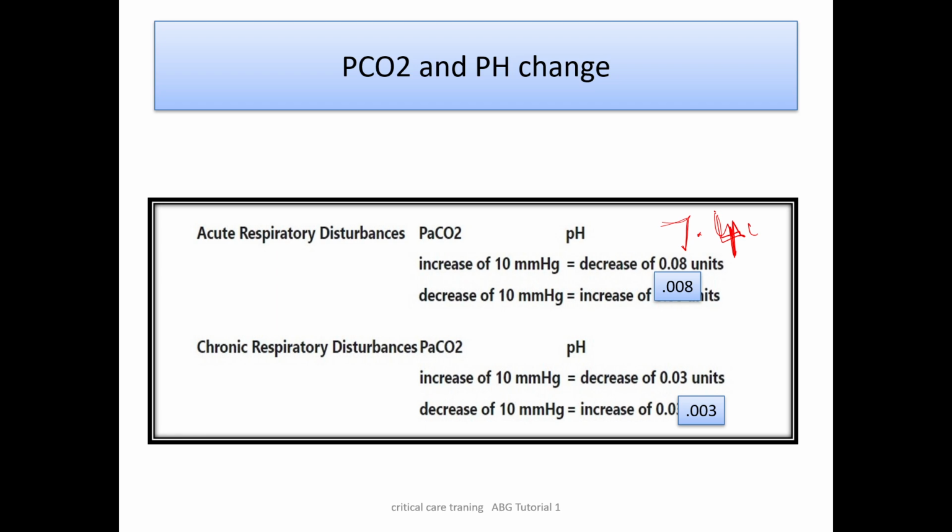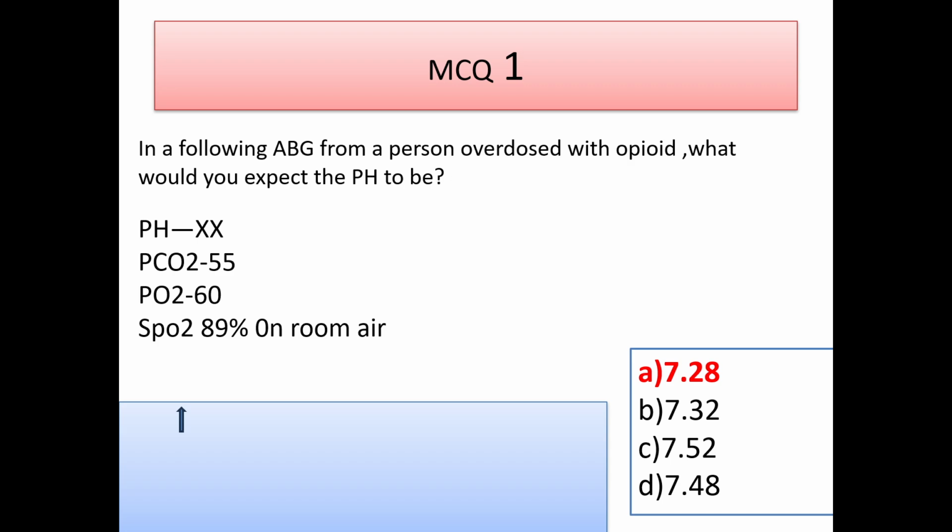So let's understand it further by example. This is the ABG of a person who has overdosed on opioid. Now we know that opioid is a respiratory depressant, and what would you expect in the pH? This patient has overdosed on opioid recently, so it's an acute condition. So we expect an acute respiratory acidosis. In the ABG you see a PCO2 of 55. So that means it's an acute respiratory acidosis, and the rise is by 15. Normal PCO2 is, say, 40, so there is a rise by 15. So what should be the pH? The change in pH will be much more in acute, so that is 0.008.